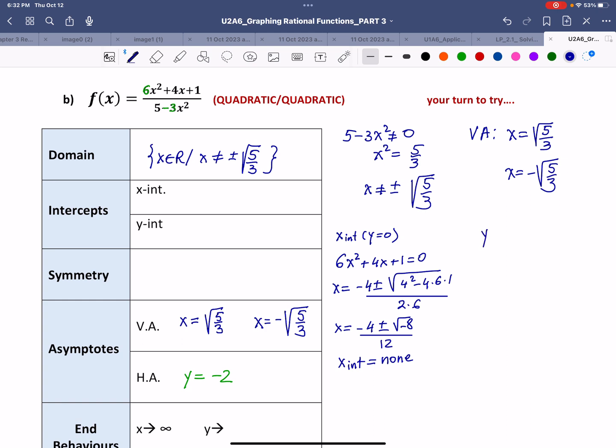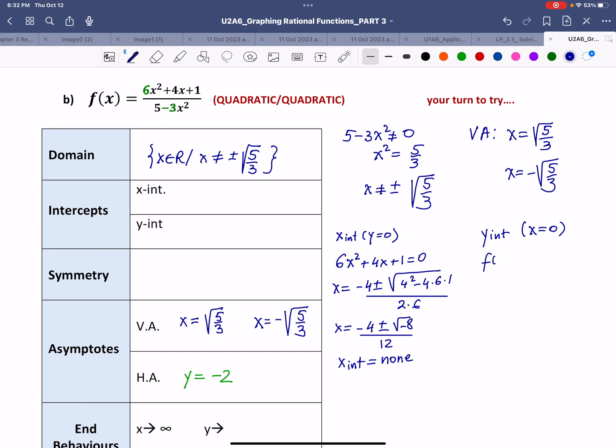Let's determine the y-intercept. The y-intercept is easy to find. You just substitute x by 0 and evaluate the entire expression. Now remember, since x is becoming 0, every term that has an x in it will become 0. So the value of y will depend only on the constant values of numerator and denominator, which in this case will be 1 over 5.